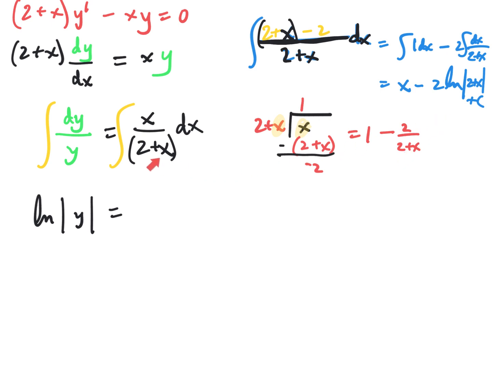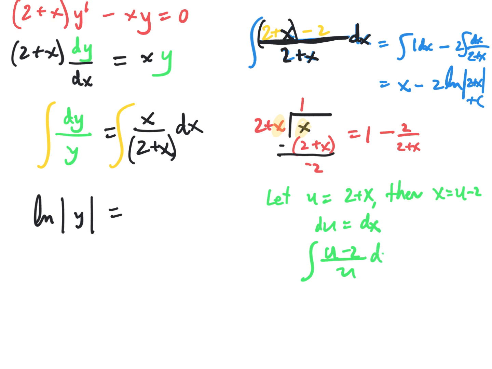The third way we could have done this problem is with the u substitution. If we let u equal the denominator, then u is 2 plus x, and also x is u minus 2, and du is equal to 1 dx. So the integral becomes u minus 2 over u du, which is again just u over u minus 2 over u, which is u minus 2 natural log of the absolute value of u plus c, and u is 2 plus x.